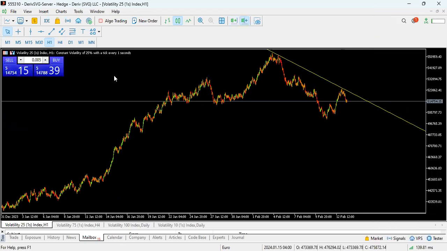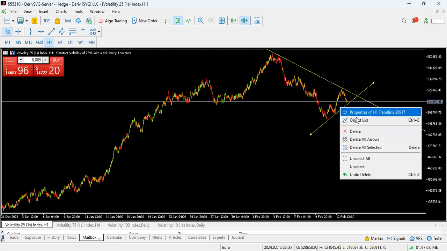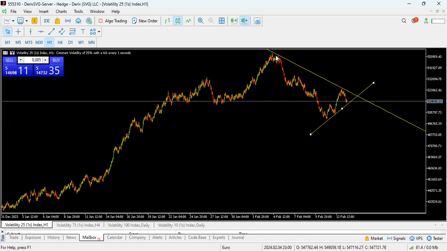But I'm also going to draw something else before you can jump on this trade. There was a movement here. If you have to place a trade here and you see something like this, even if this is your original trend line, before you enter a trade and you see that there is a movement like this, you need to take note of that particular movement and ensure you draw another trend line.